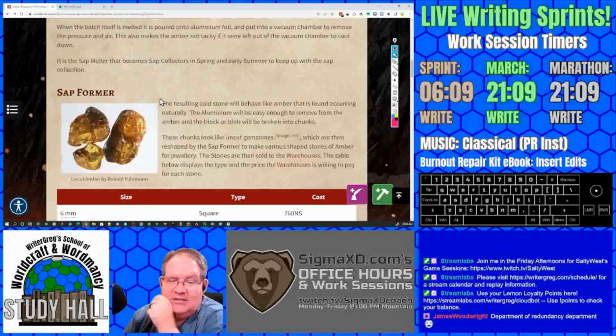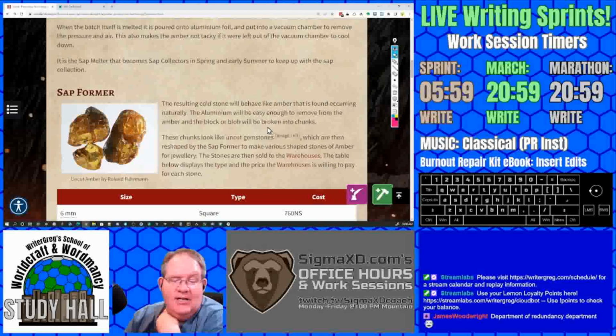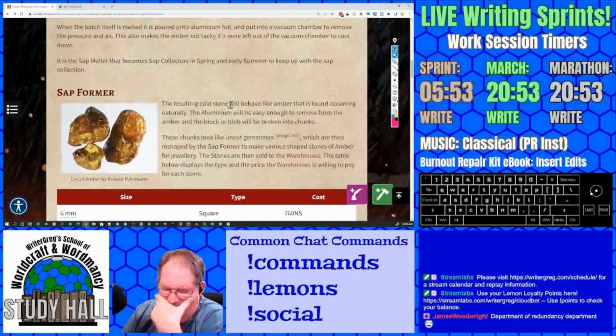The resulting cold stone will behave like amber that is found occurring naturally. The aluminum will be easy enough to remove from the amber, and the block or blob will be broken into chunks.